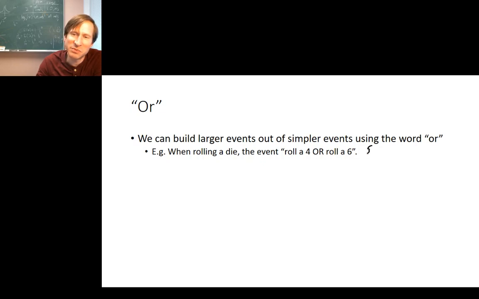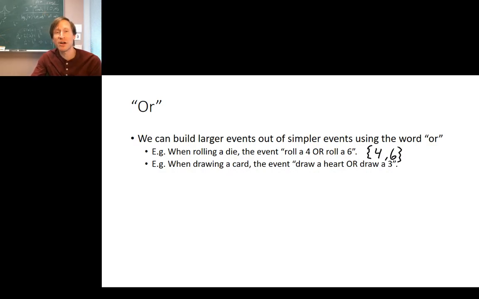We could have done this before, but we would have had to write out {4, 6}, and this would be our event. We'll see that there is an advantage to being able to put events together in this way. It's just that with a die, there are so few outcomes that you can always just list everything explicitly. If you're drawing cards from a deck, you could say something like the event of drawing a heart or drawing a 3.